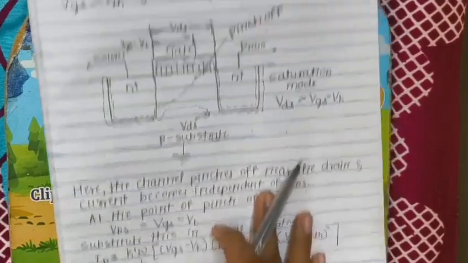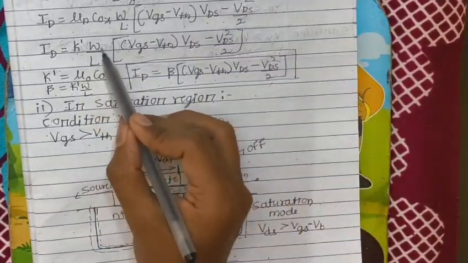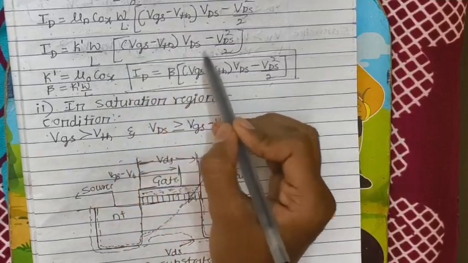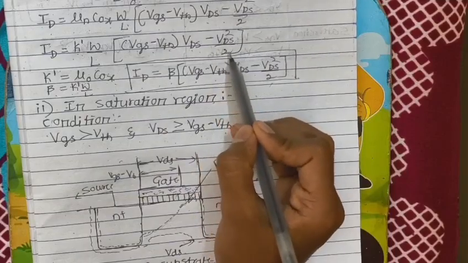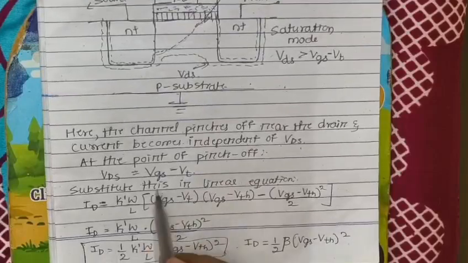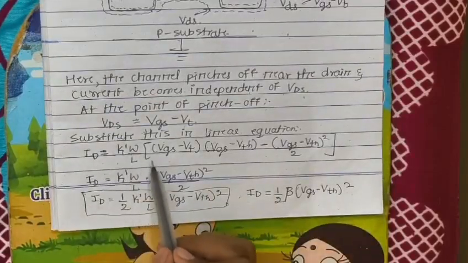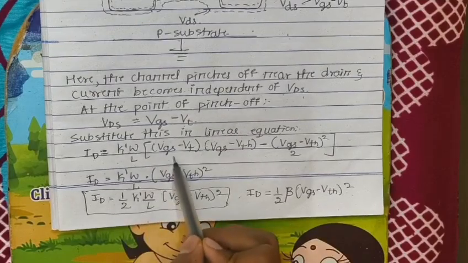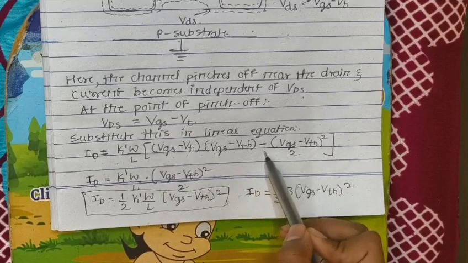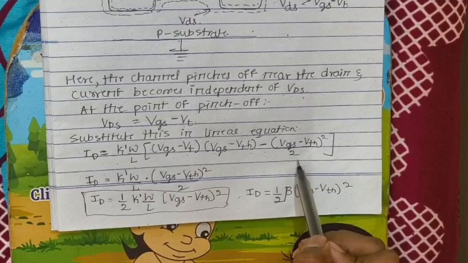What is the linear equation? ID is equal to K dash W by L VGS minus VTH VDS minus VDS square by 2. So here you can substitute: ID is equal to K dash W by L VGS minus VT into VGS minus VTH minus VGS minus VTH the whole square by 2.